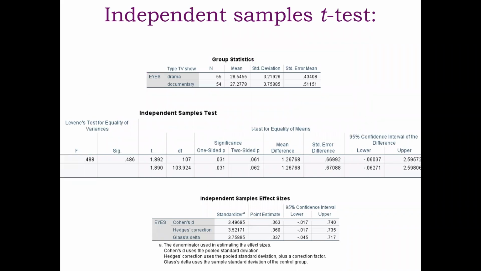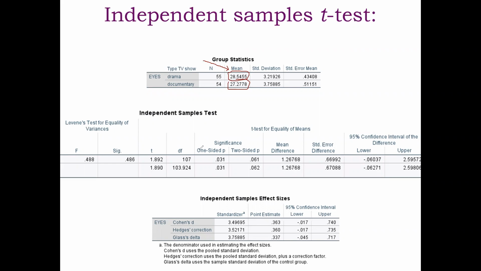Here are the results of that analysis. You can see that the mean for people who watched drama was 24.55, and the mean for those who watched documentary was 27.28. So right now we check, are we right? Yes, people who watched drama had higher scores on the eyes test than people who watched documentary.